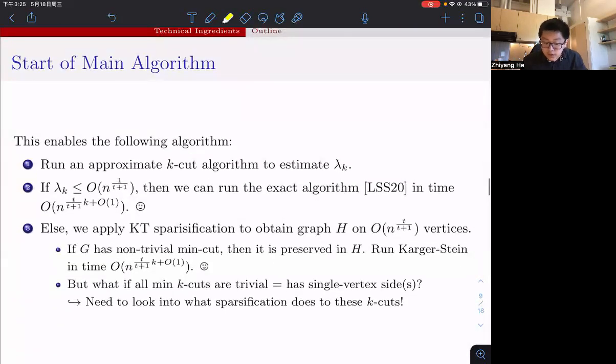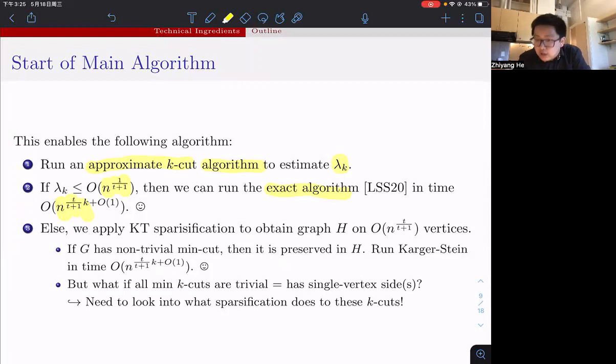Okay, so the start of our main algorithm is as follows. We start by running an approximate K-cut algorithm to get an estimate on lambda_K. Now if lambda_K is small, which means it is at most n to the 1 over T plus 1, then we can run the exact algorithm by LSS, and the overall runtime will be n to the TK over T plus 1. And that's great, because that's exactly what we promised.